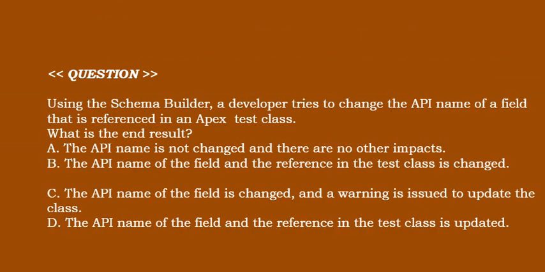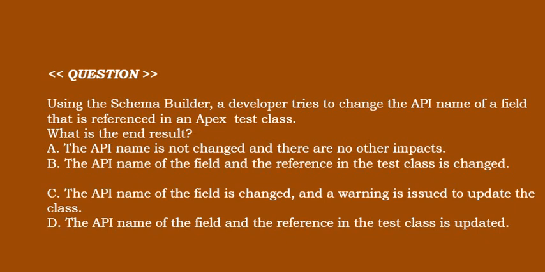Next question is using the schema builder, a developer tries to change the API name of a field that is referenced in an Apex test class. What is the end result? Option A. The API name is not changed and there are no other impacts.